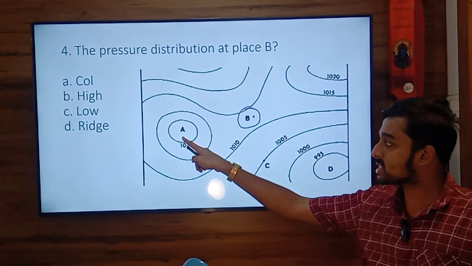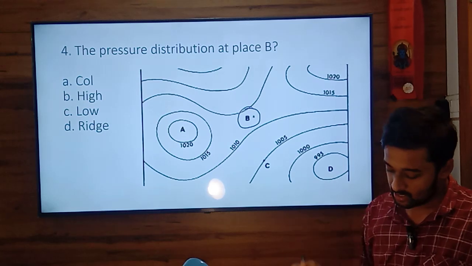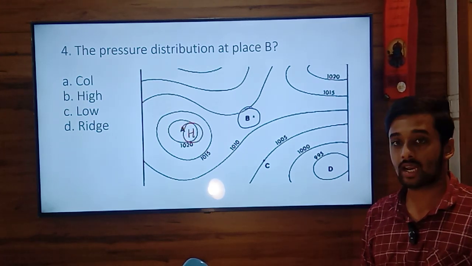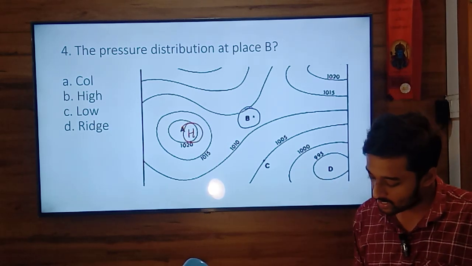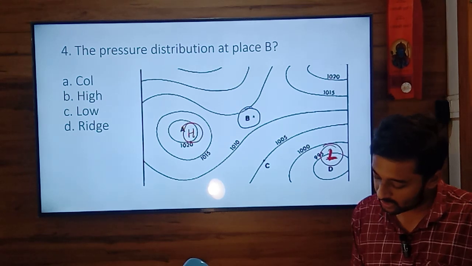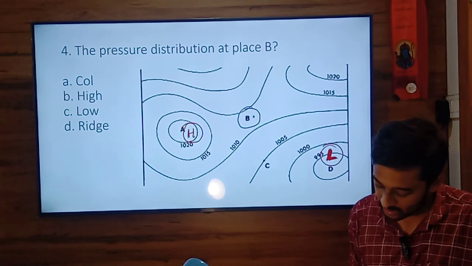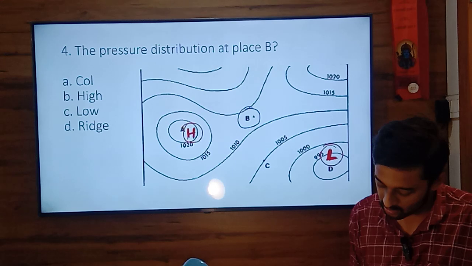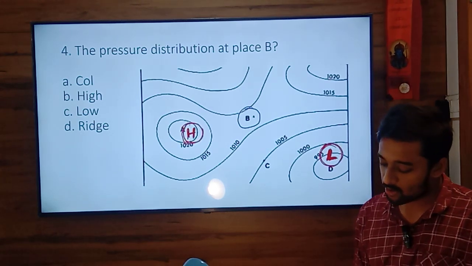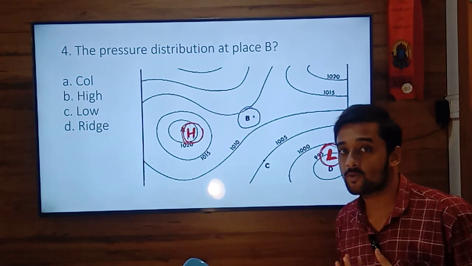So when you compare the pressure at A and the pressure at B, you know the pressure at A is high pressure, and the pressure at Bravo compared to A is low pressure, right? Now the pressure at B is what we have to find.